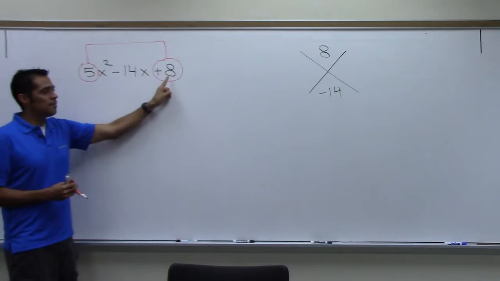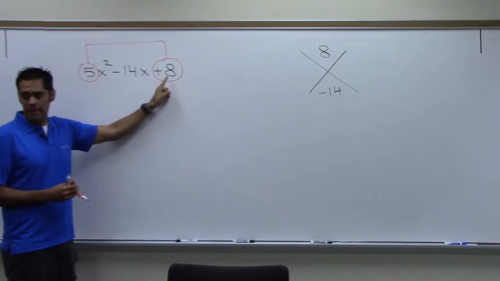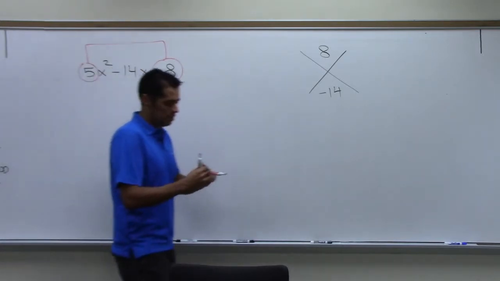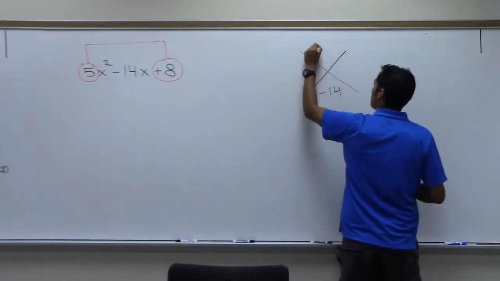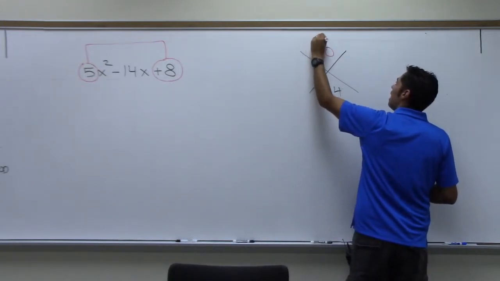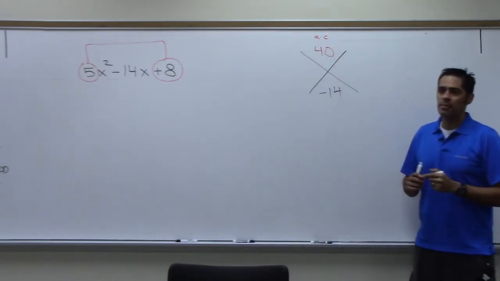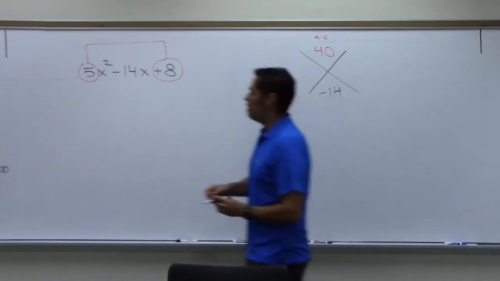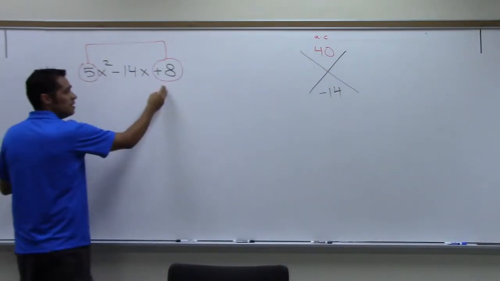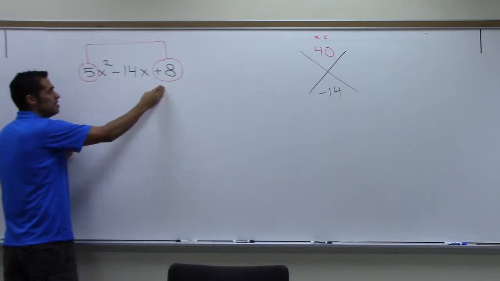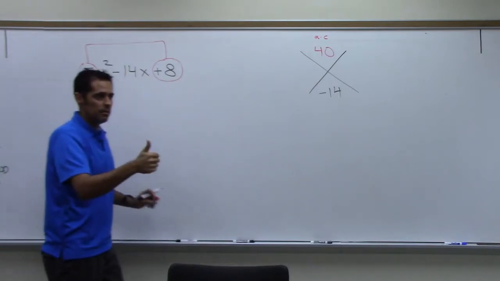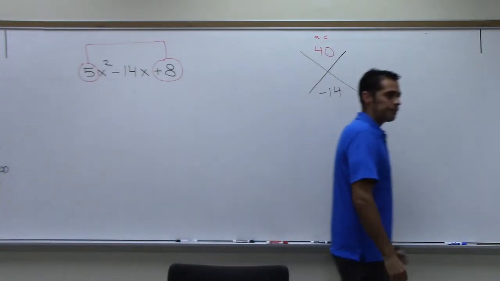This is a positive times a positive, which would give you a positive. 5 times 8 is 40, and that's the number that goes here. This is A times C, the number A out here, times the C. Now, the good news is that the negative 14, that is right. You do keep that way.